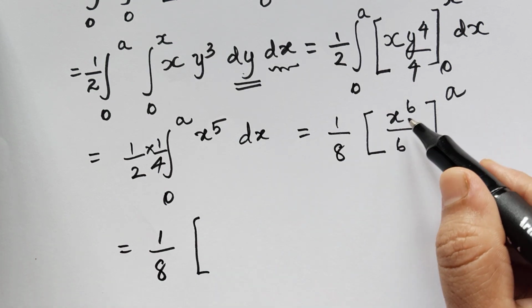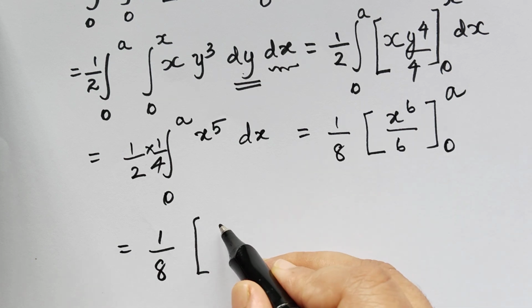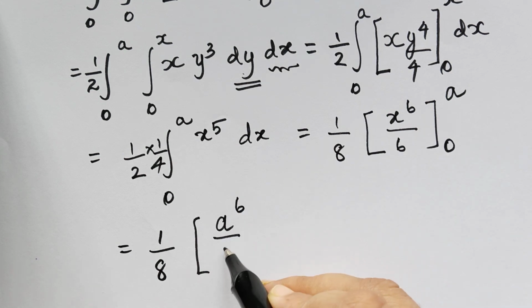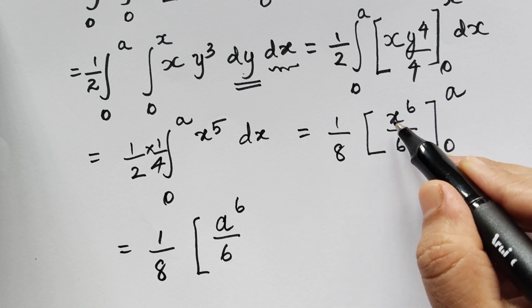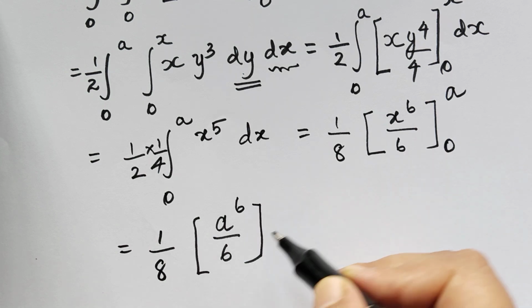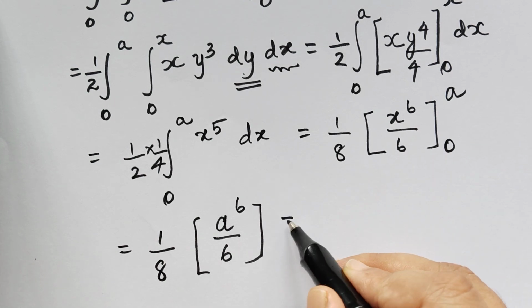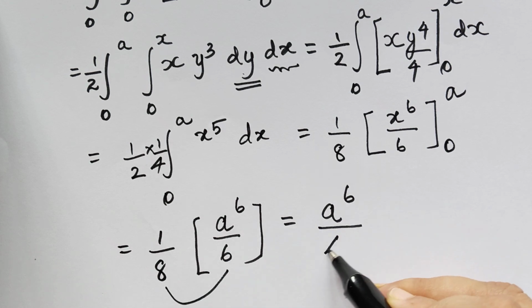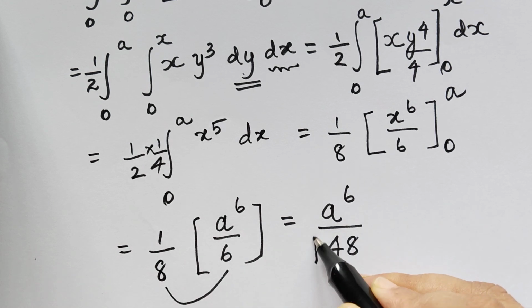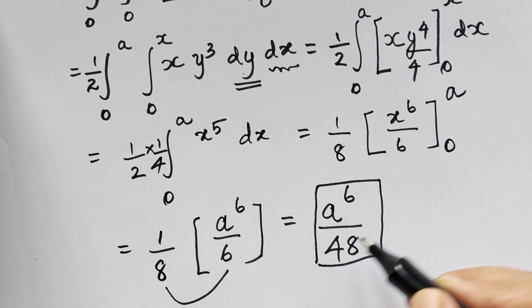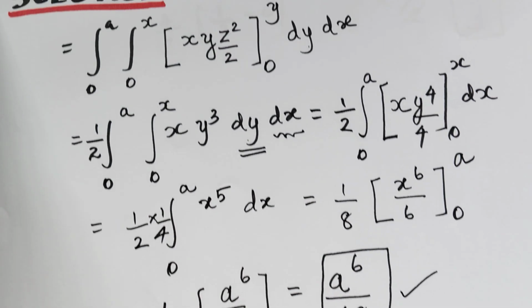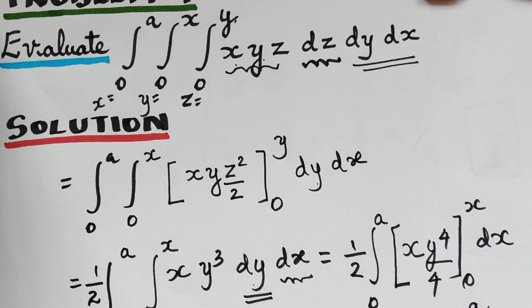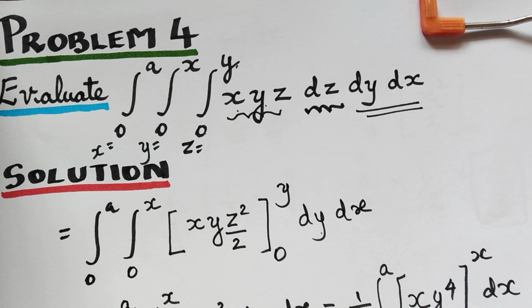When you apply a at the place of x, it becomes a to the power 6 by 6, and the lower limit is 0, so we need not write that. So this will be equal to a to the power 6 divided by 8 times 6, which is 48, and therefore the solution is a to the power 6 by 48. Hence we have evaluated the given integral to be equal to a to the power 6 by 48.